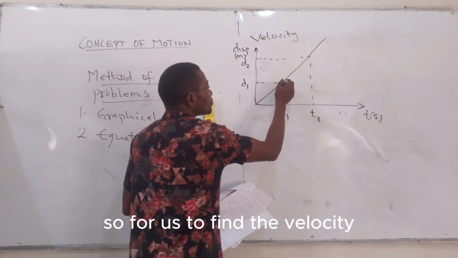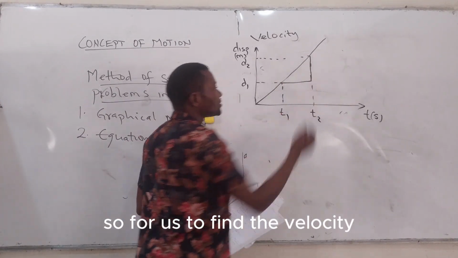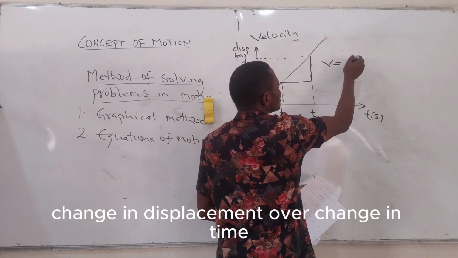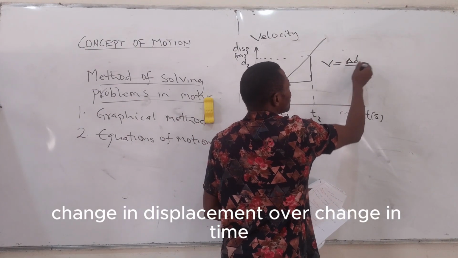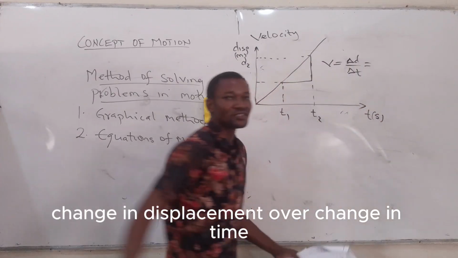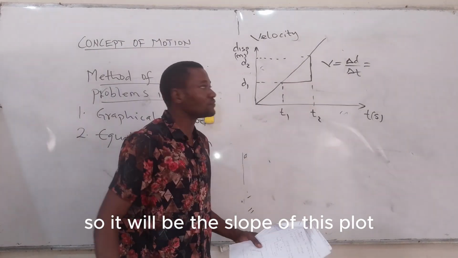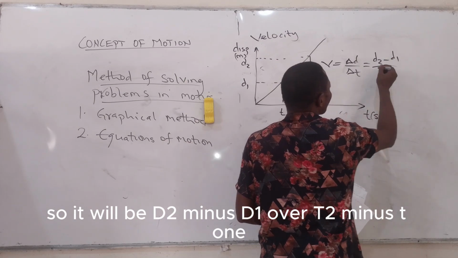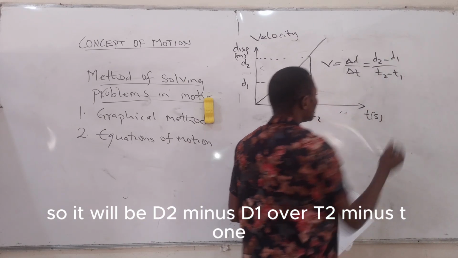So for us to find the velocity, we say velocity is what? Change in displacement over change in time. So it will be the slope of this plot. It will be D2 minus D1 over T2 minus T1.